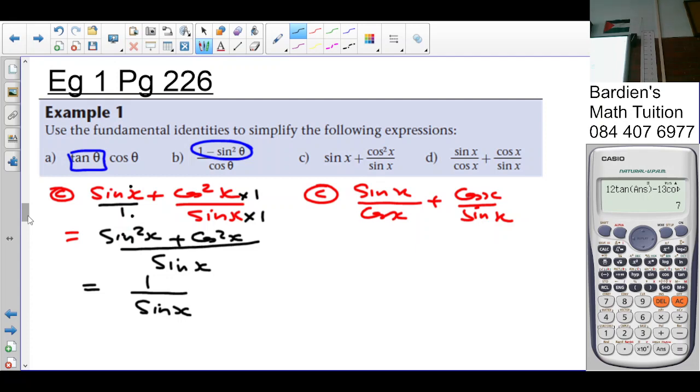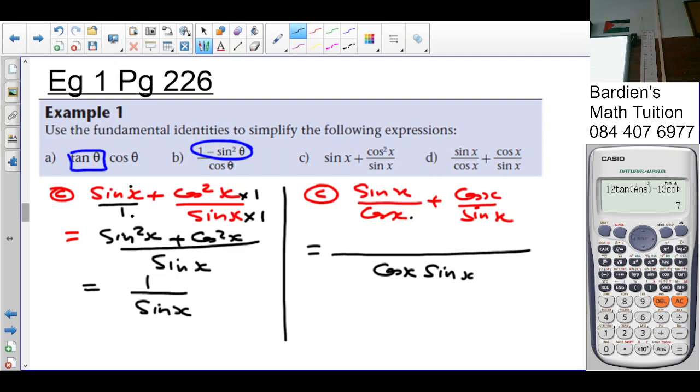No? The last one? What's your LCM here? Cos x sin x. So sin x cos x. Not so? So this must be multiplied by sin x.